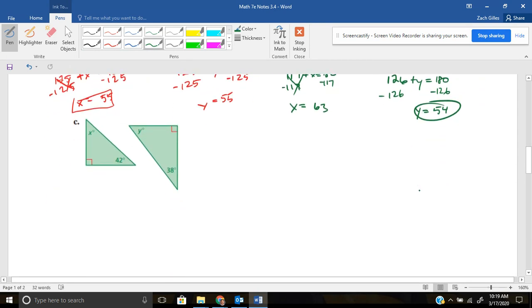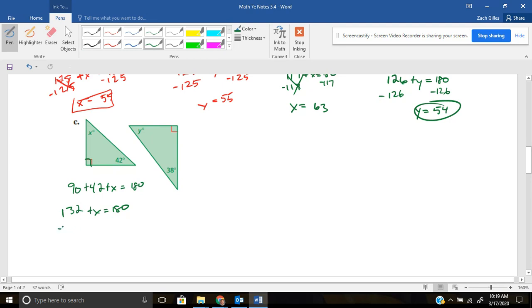Very similar for letter C. Again, we are going to use 90 now. So we've got 90 plus 42 plus X equals 180. 90 and 42 would give us 132, plus X equals 180. 132 plus what number would give us 180?